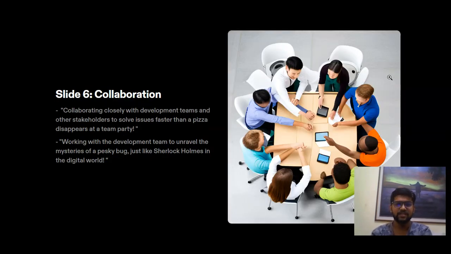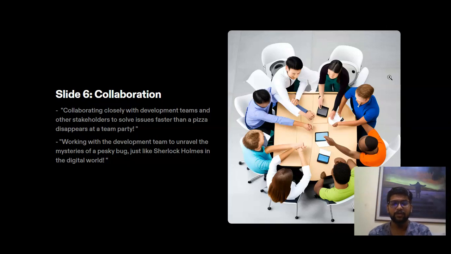Next is collaboration. Collaborating closely with the development teams and other stakeholders to solve issues faster than the pizza disappears from the team party. So you need to collaborate closely with all the teams. Let's say the application is facing an issue and that issue is with the database team.